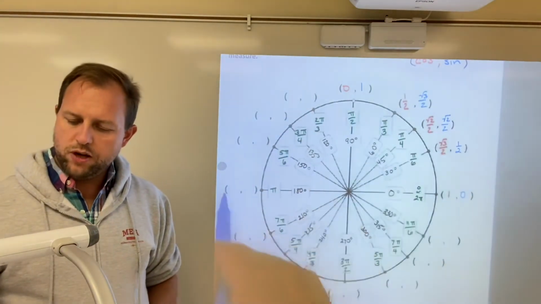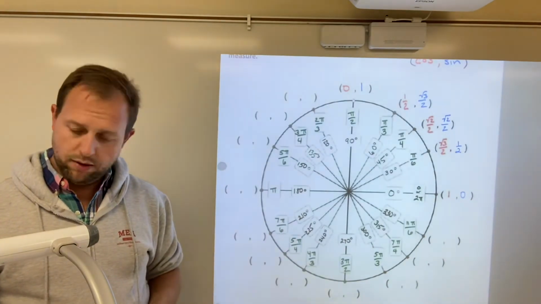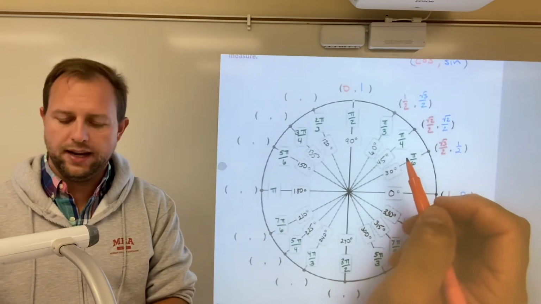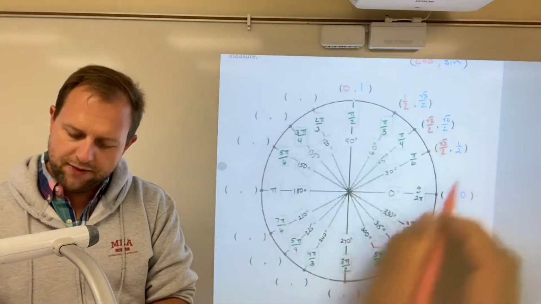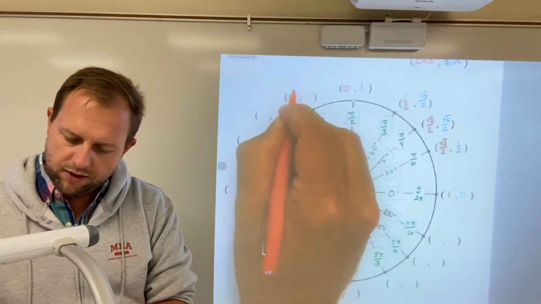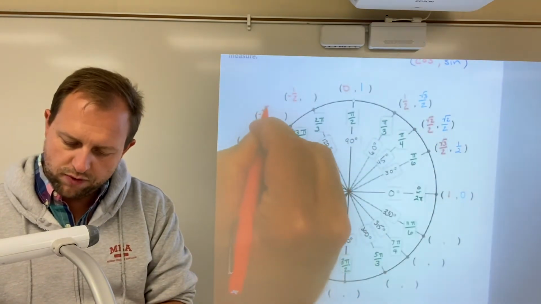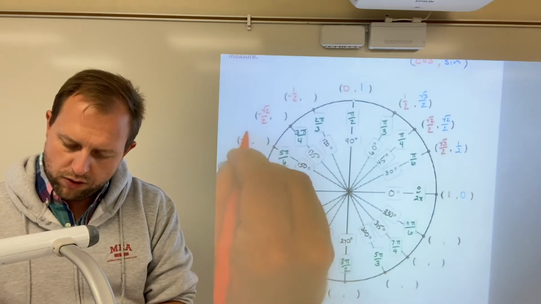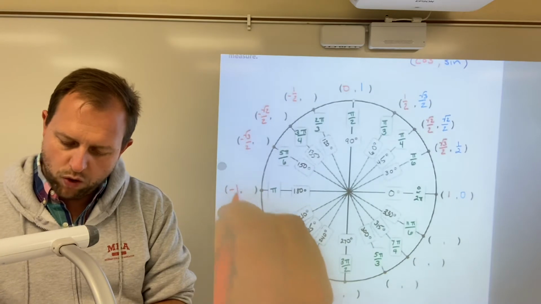Now these values get transposed into the other 3 quadrants because it's symmetrical. The only difference sometimes is the sign. In the second quadrant, cosine is negative because that's going to be the x value. Negative 1/2. Coming back down the circle, negative root 2 over 2. Negative root 3 over 2. And a negative 1.